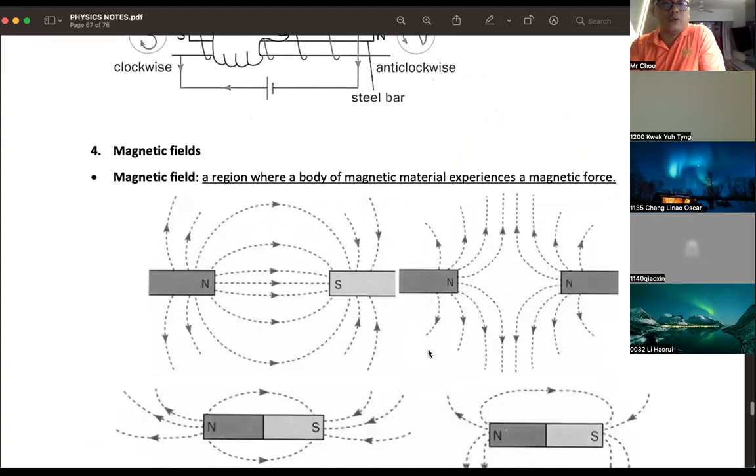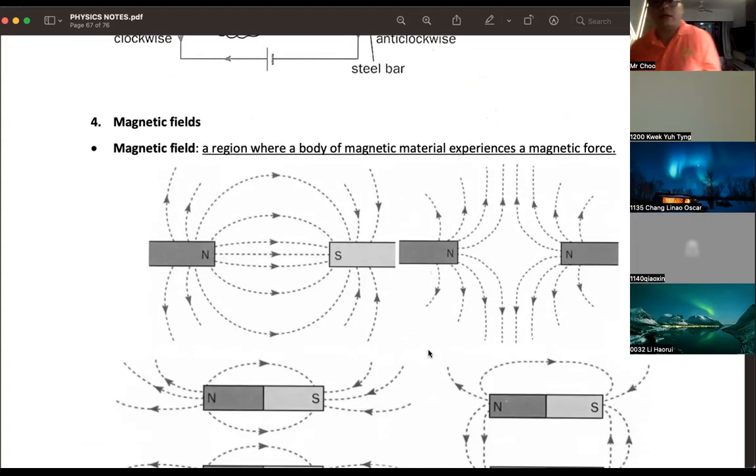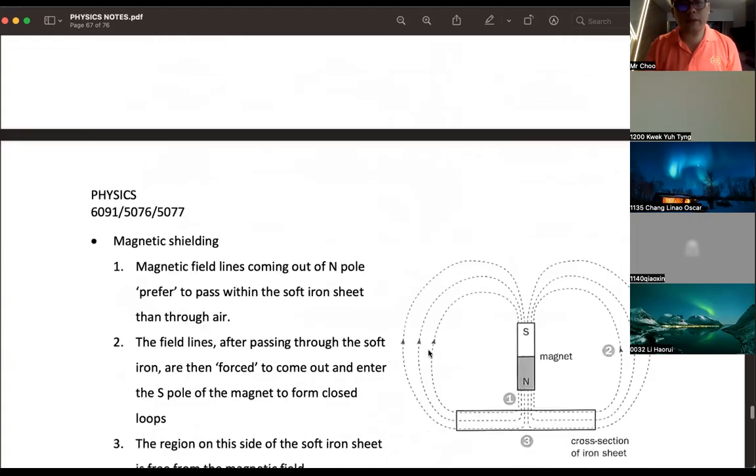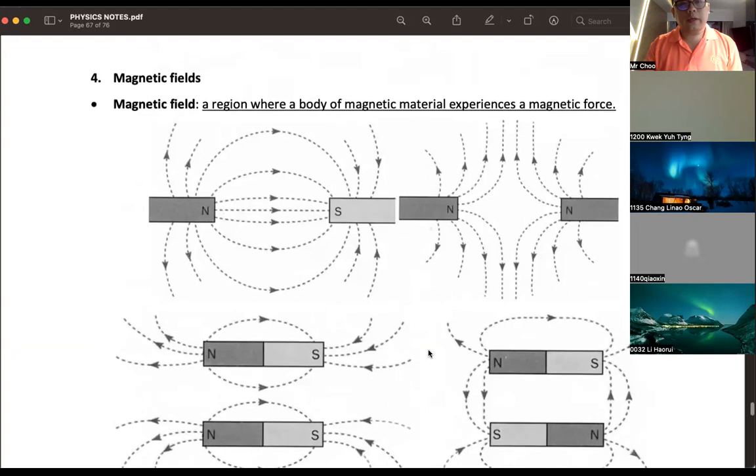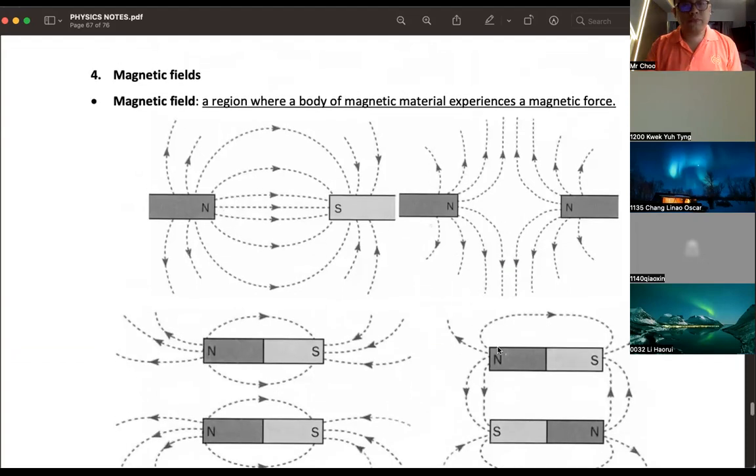Okay, now let me go to this thing called the magnetic field. All of you are expected to know how to draw magnetic field. Is that clear? Okay, so before I go into this example, let's start with a North Pole, which doesn't exist in the world.